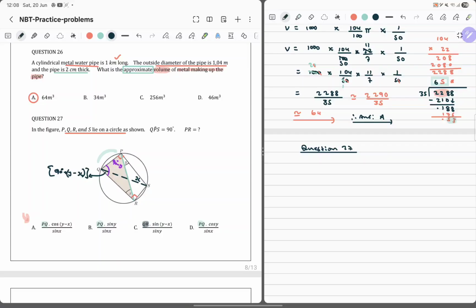Now with this triangle, we can use the sine rule. Nice and easy.